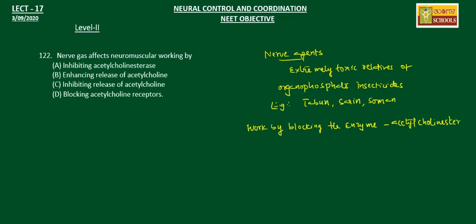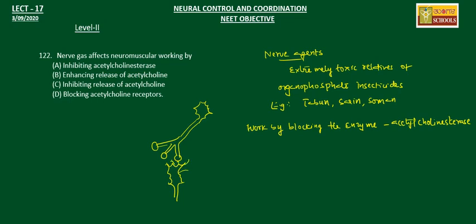This is an enzyme that removes acetylcholine after it helps in transmission of the nerve impulse from one neuron to another neuron. In the case of chemical synapses, these are synaptic vesicles, and here are the dendrites of another neuron.